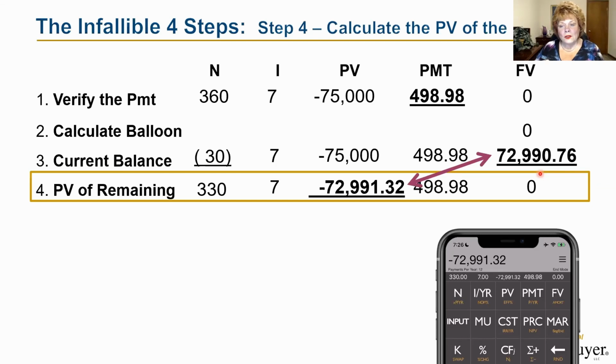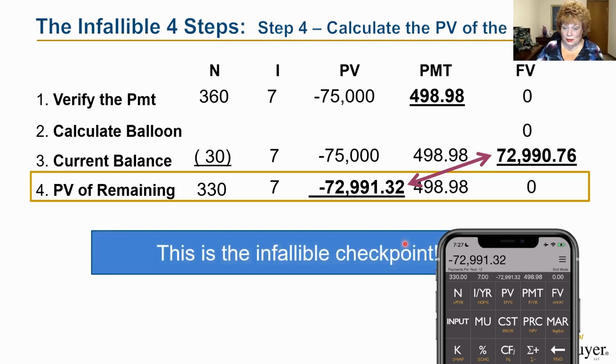And that is because when we're doing the calculations, remember I showed you that full precision number? So there's some portion of that that's just going to be hanging out there. It's just like when you divide and it doesn't divide evenly, then you've got a remainder. And that's why these vary based on rounding and based on working with the full precision number. But the point is they should be almost the same. And that is the infallible checkpoint.